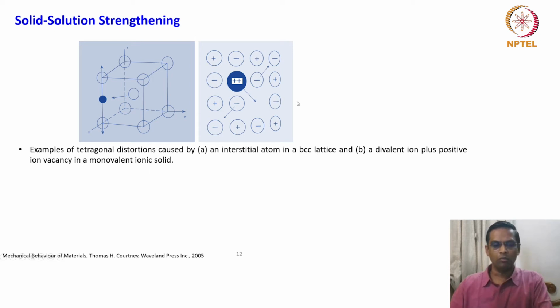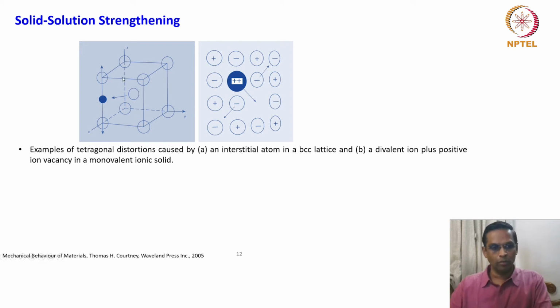So the matrix is monovalent, and you have a divalent substitution and a vacancy here. This kind of imbalanced charge distribution is going to cause tetragonal distortion. And here we are talking about an interstitial atom which is going to sit in an octahedral void in a BCC lattice, which is also going to cause tetragonal distortion.